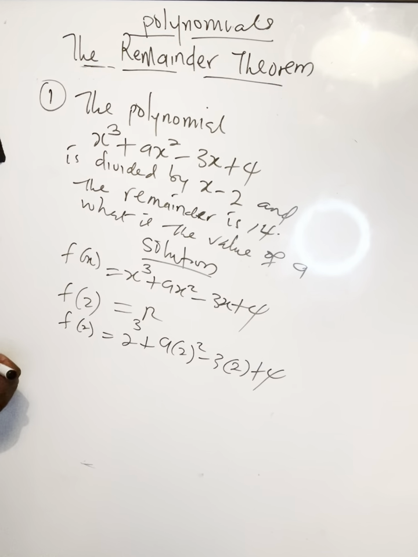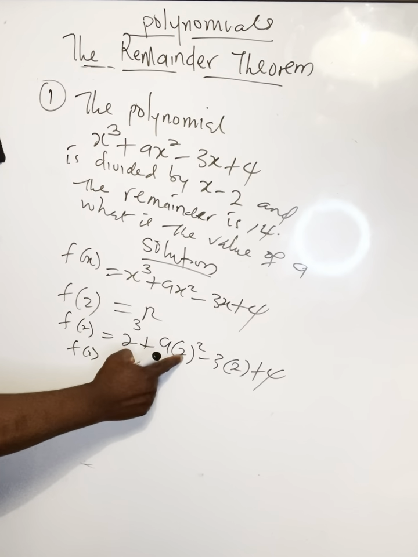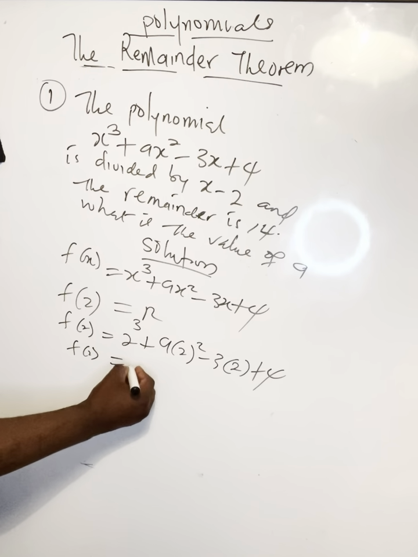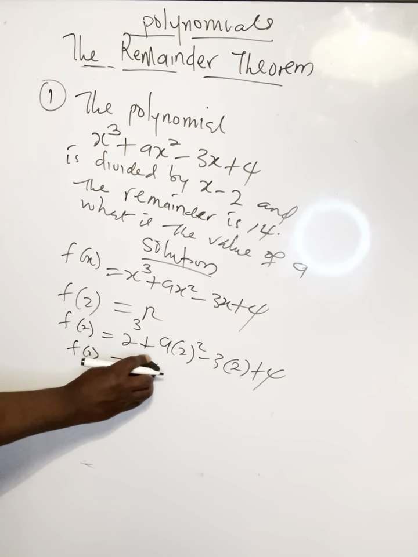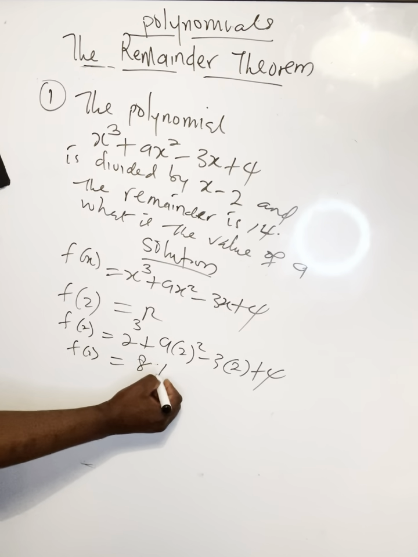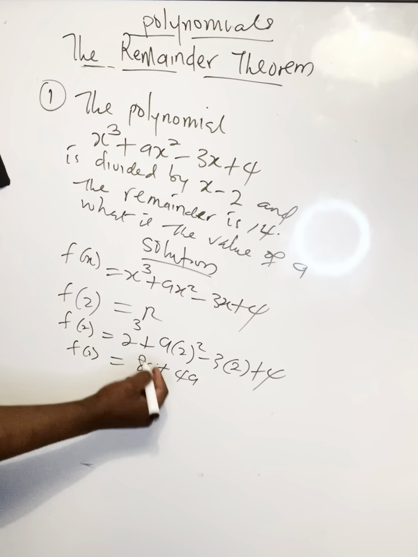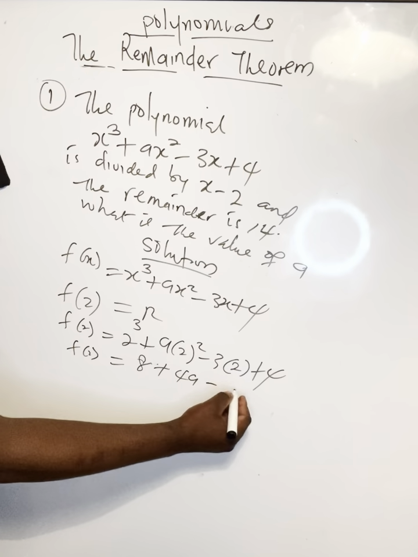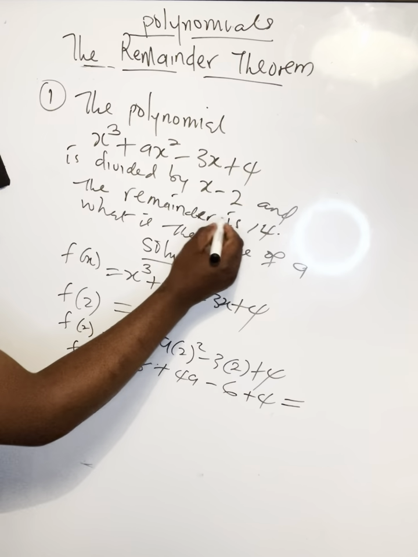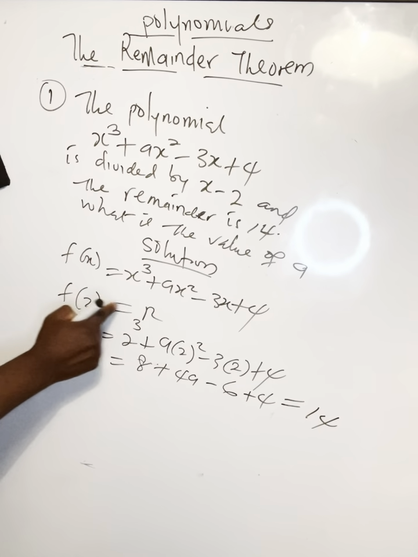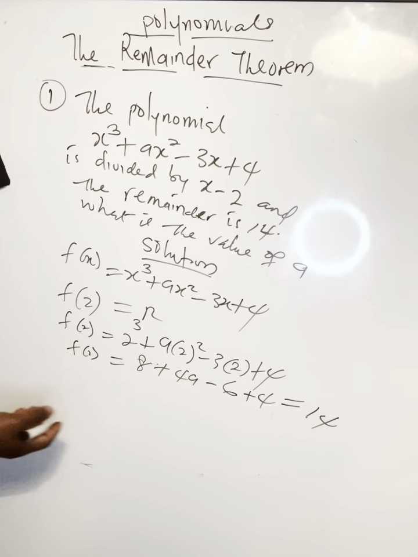It's very simple. 2 squared is 4, and 4 times a is 4a. 2 raised to the power of 3 is 8, so I'm going to write 8 here plus 4a, minus 3 times 2, which gives me 6, plus 4, equal to 14. This is the remainder. Remember, this is equal to this, so I'm going to equate this whole thing to 14.